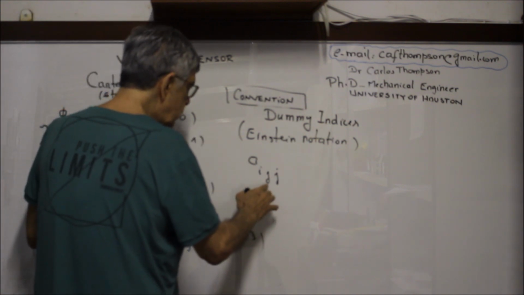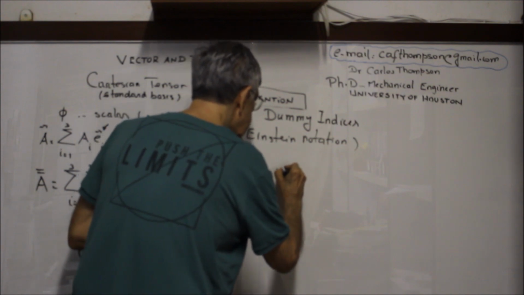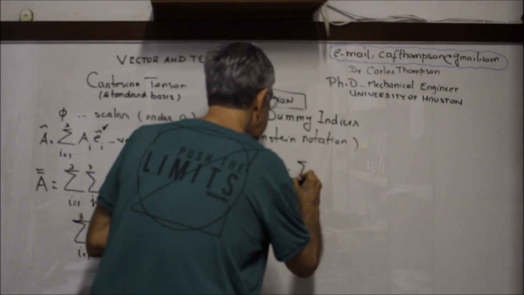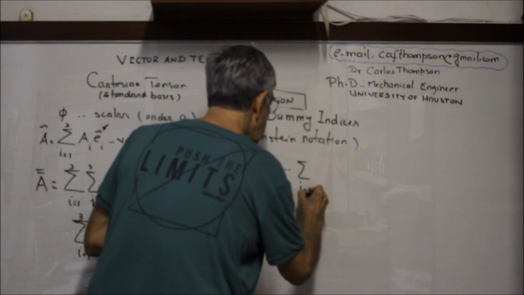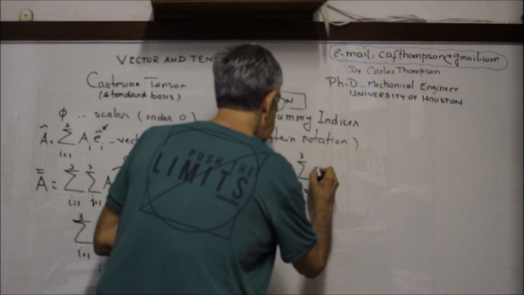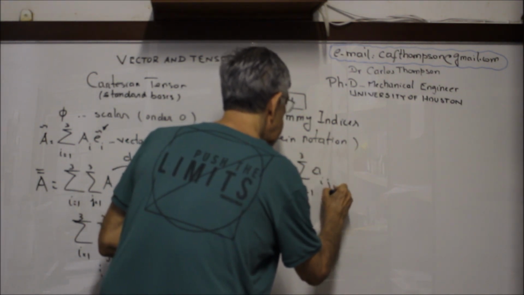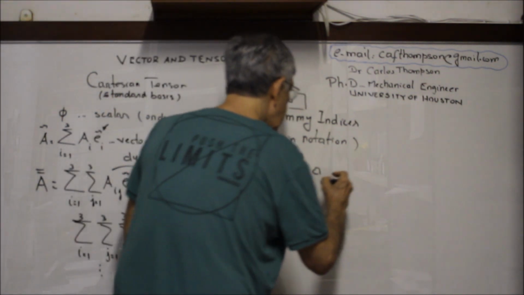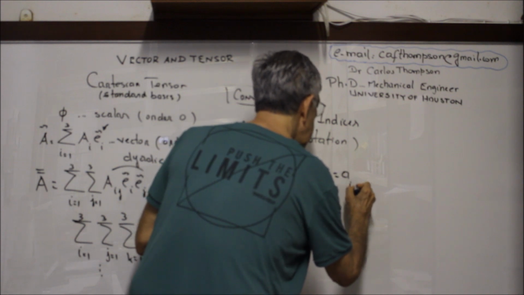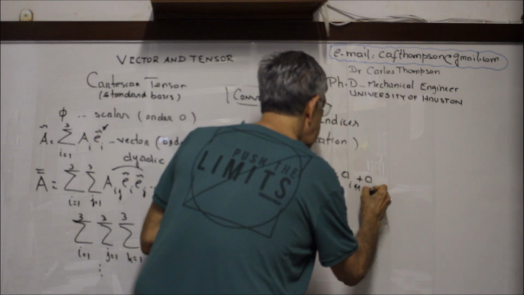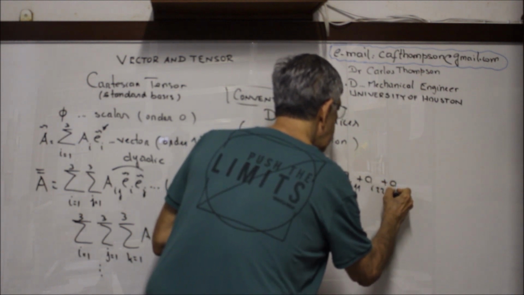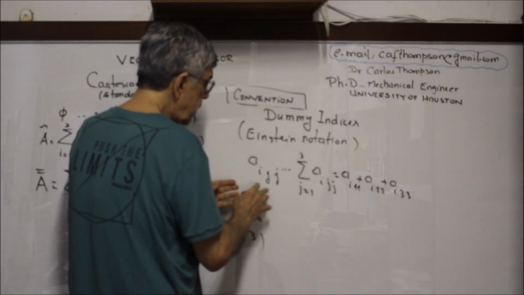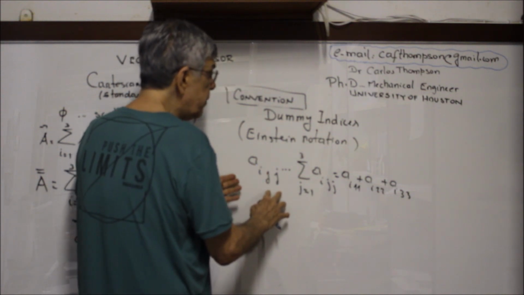When you have jj, this means that you have a summation of j equal 1 to 3 of A_ijj. This is the same as A_i1 plus A_i2 plus A_i3. That's what you call this j a dummy.